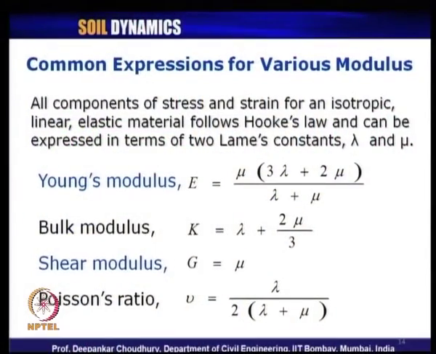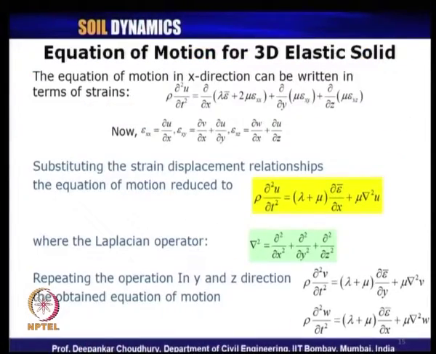Now, using these standard notations of various moduli in terms of Lame's constants, the equation of motion which we have derived just now in 3 dimensions in the x direction, we can rewrite in terms of the strains, in this form.